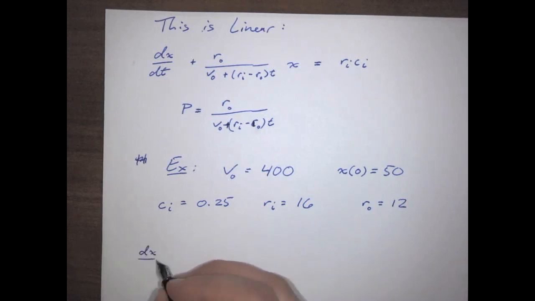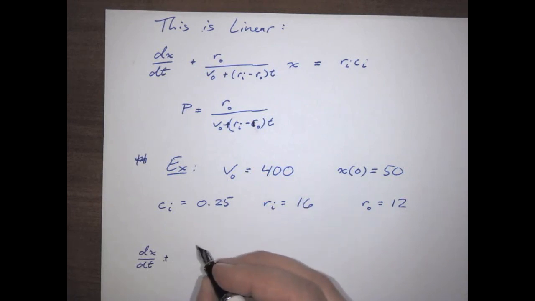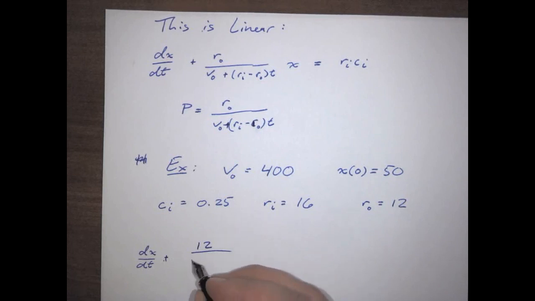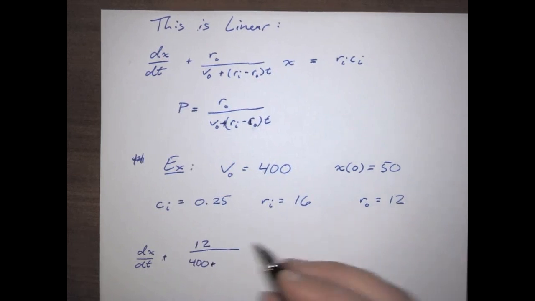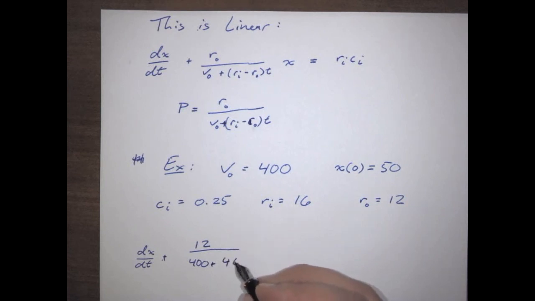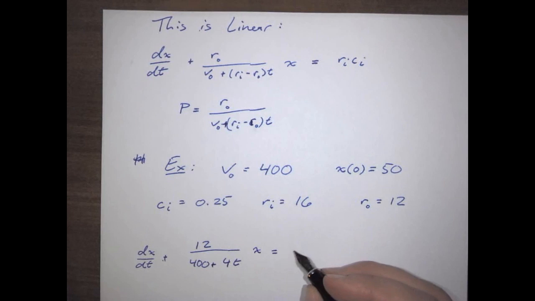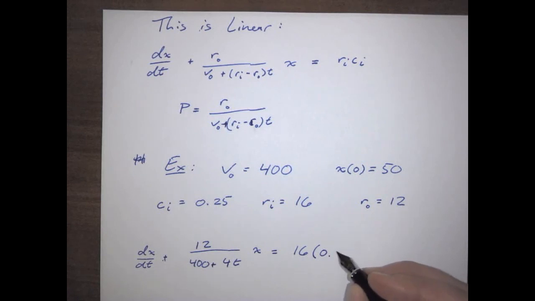So dx dt plus R out, which is 12 over 400 plus, that minus that is 4t, times x is equal to rate in 16 times concentration of the water coming in, which is 0.25.